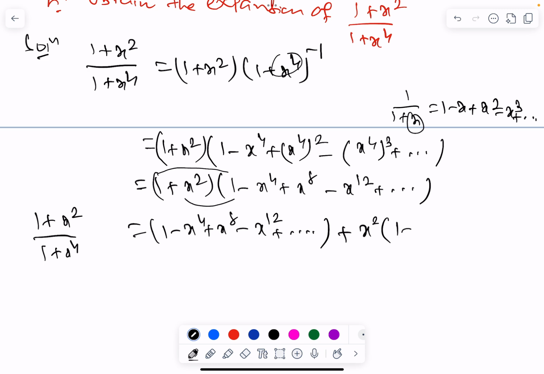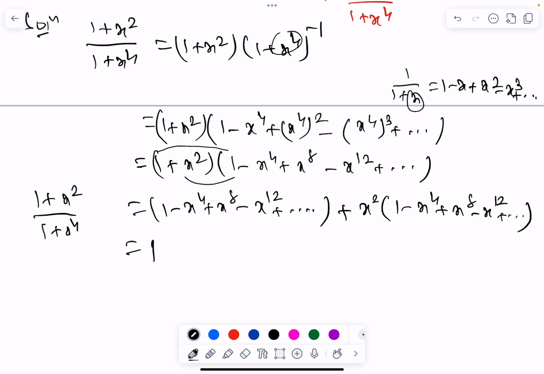X square into 1 minus x power 4 plus x power 8 minus x power 12 plus and so on. So this is equal to 1. Then this is x square into 1, so plus x square.